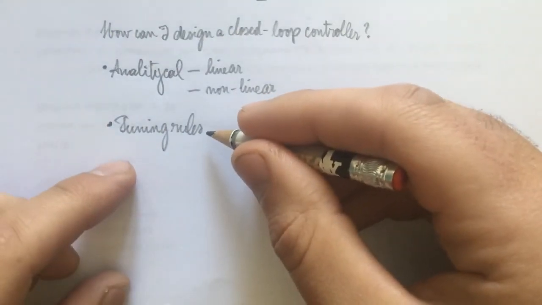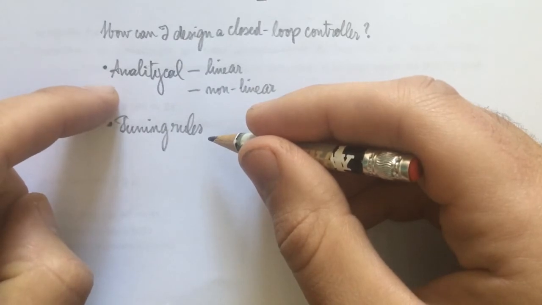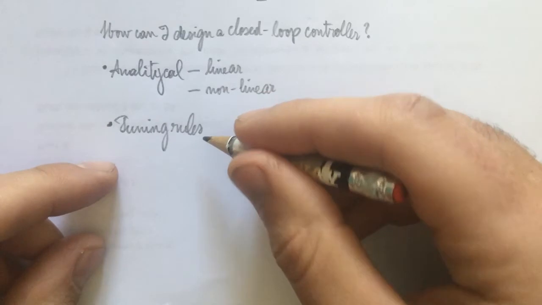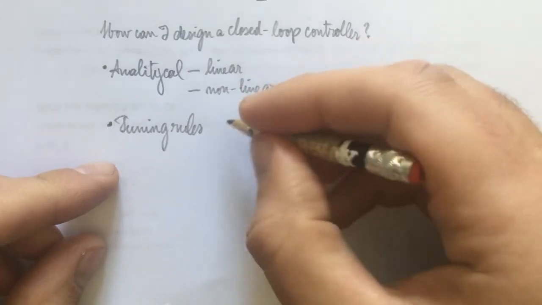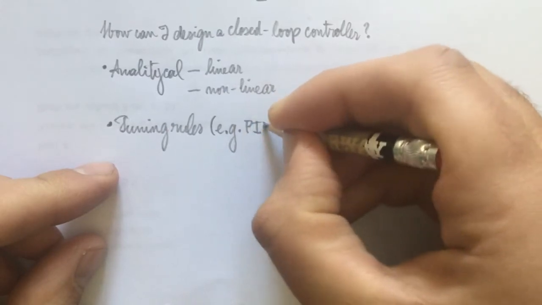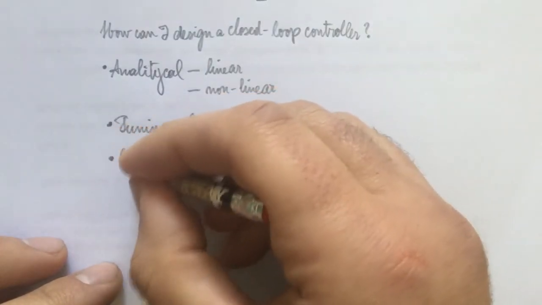Perhaps not a result as good as I might get if I should take the trouble of doing my calculations, but perhaps they will be enough. Some tuning rules are very popular with the PID controllers that I have been talking to you about in the last few minutes.